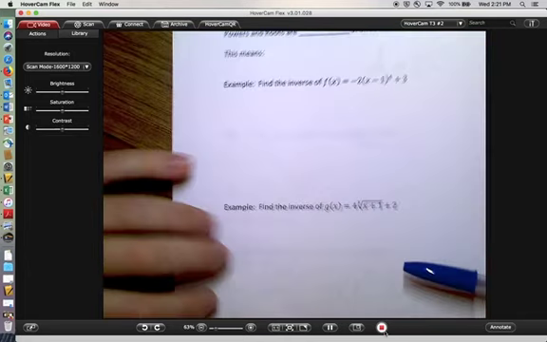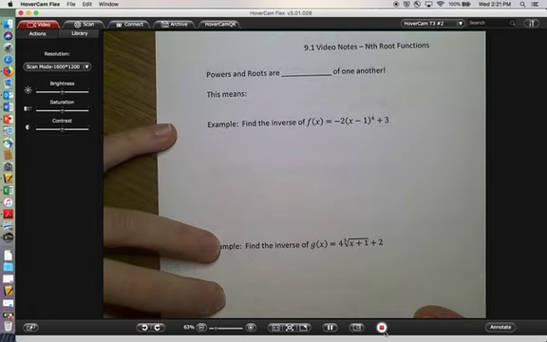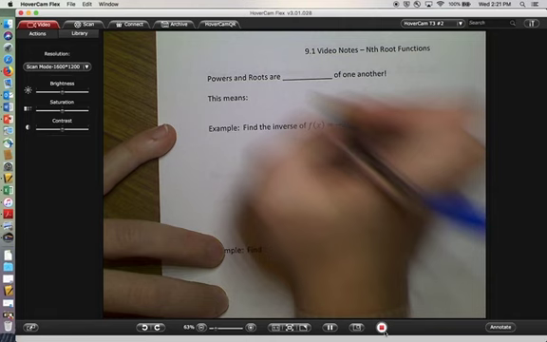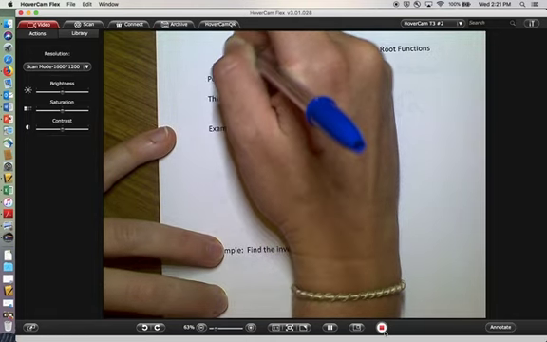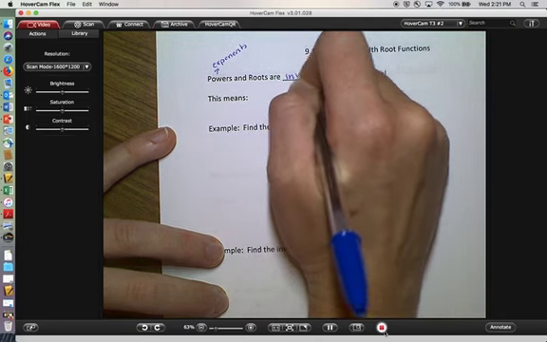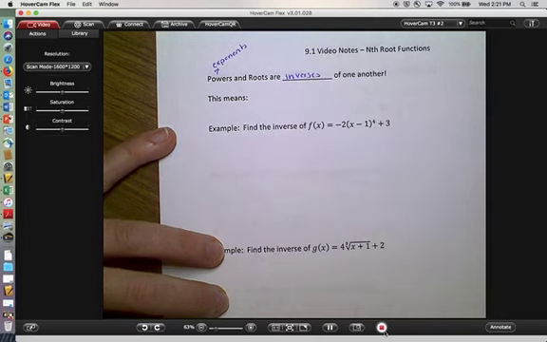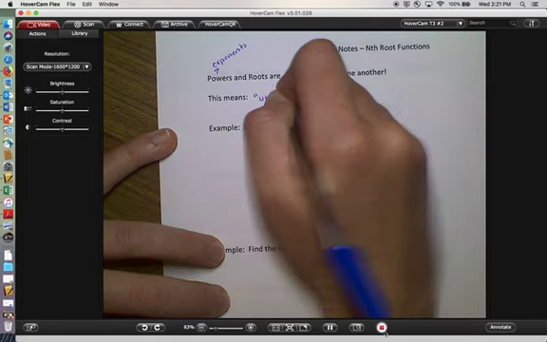Another thing that I would like you to be comfortable with is the idea that powers, exponents, and roots are inverses of one another. This means that they undo each other.